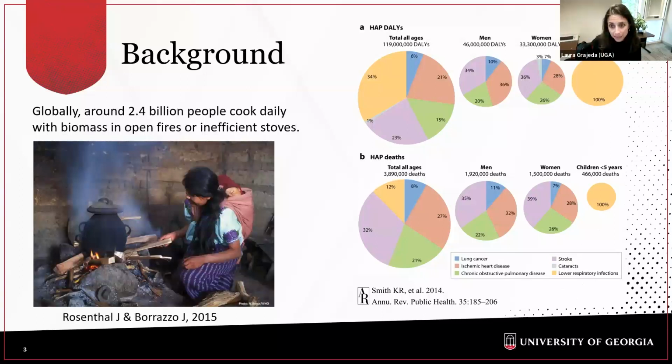Household air pollution has been linked with many health damaging effects. For example, look at the green portion. It has been linked with chronic obstructive pulmonary disease. However, the evidence to make this link has some limitations. One of the limitations is that most of the evidence comes from other sources of air pollution, such as outdoor air pollution or tobacco smoke.